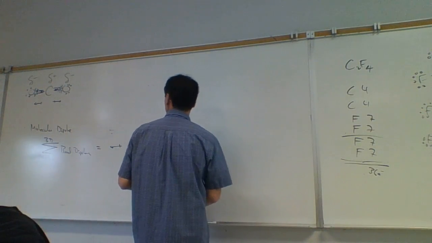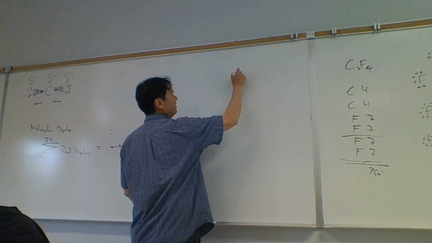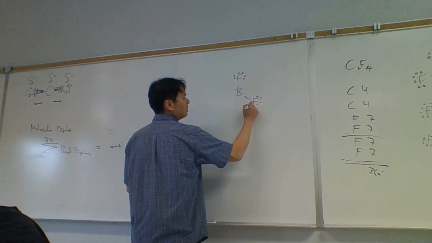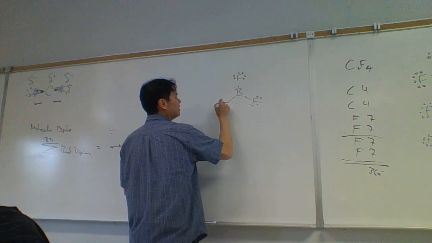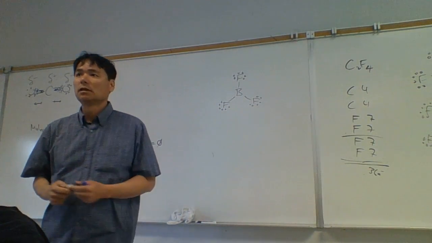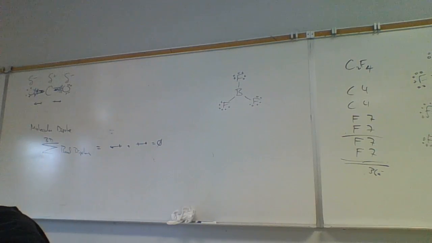Now that's for linear. What about BF3? You know what I'd love to do with BF3? I'd like to make a double bond with BF3. Why?